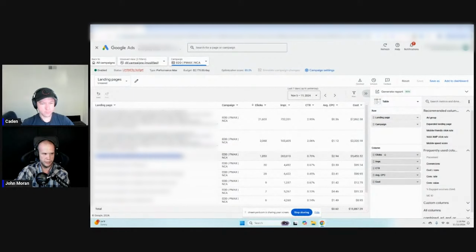So we were able to see we have 21,000 clicks on the asset group page, but only 1,800 clicks on the PLA page, because this was the feed of the PLA and this was the URL of the asset group. 21,000 versus 1,800. What happens when we change to our Black Friday sale? Now it's 2,000 to the asset group and only 29 to the PLA.